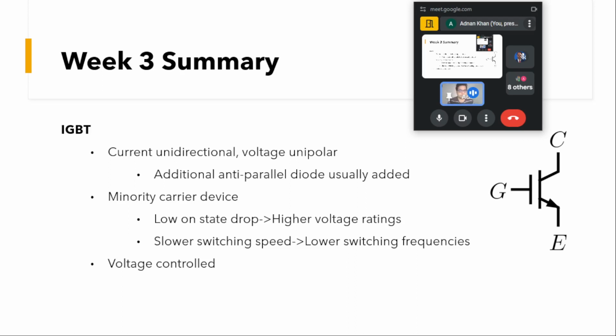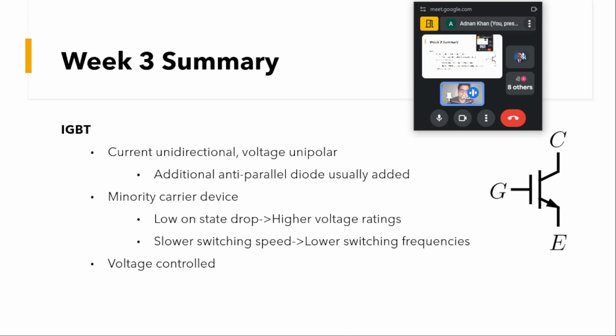It will be able to block a voltage until we give the gate voltage and turn on the device. Till then it will block that voltage, and as soon as we give the gate-emitter voltage, our device will go from the cutoff to the active region, which we'll see subsequently in the characteristics.